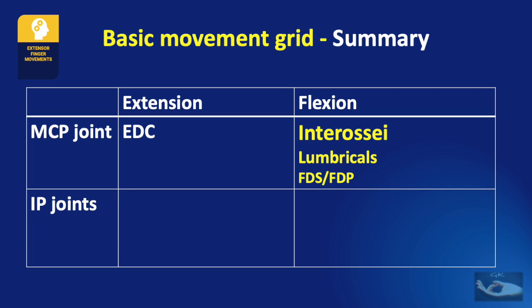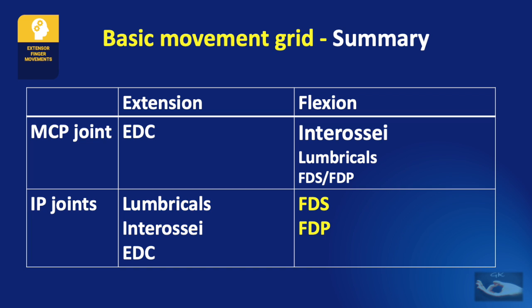The metacarpophalangeal joint flexion is mainly by the interossei and less by the lumbricals and least by the FDS and FDP. As far as the interphalangeal joints are concerned, the extension is equally by the lumbricals and interossei and a contribution from the fibers of the EDC, and the flexion of course is by the FDS and FDP only.